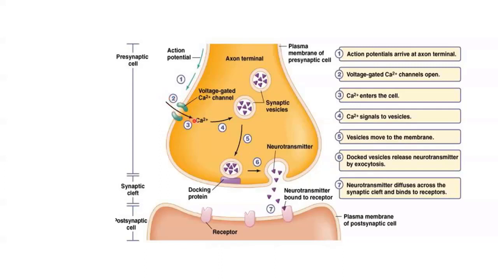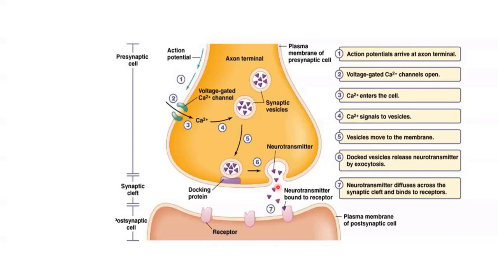Calcium then moves into that axon terminal, and signals to our synaptic vesicles full of the neurotransmitter acetylcholine. It signals these vesicles to move toward the plasma membrane, merge with that plasma membrane, and then expel that neurotransmitter or the acetylcholine out via exocytosis.